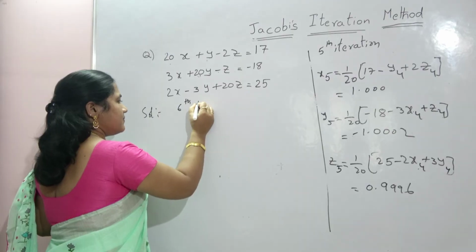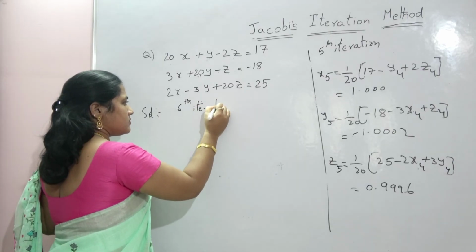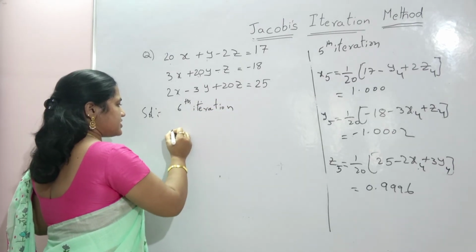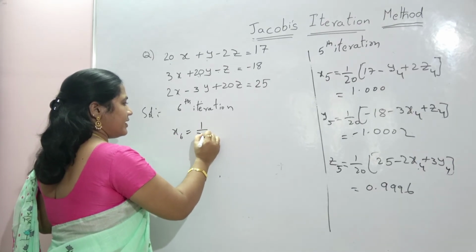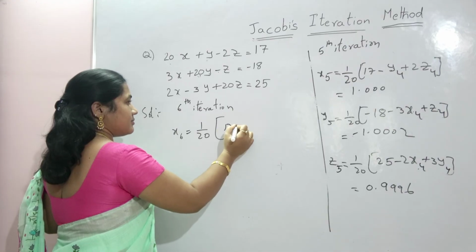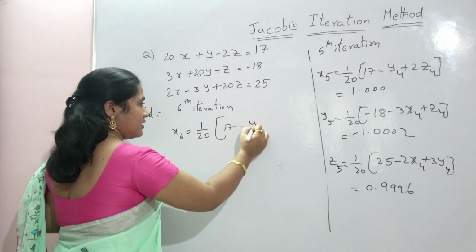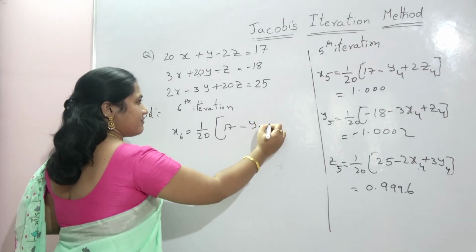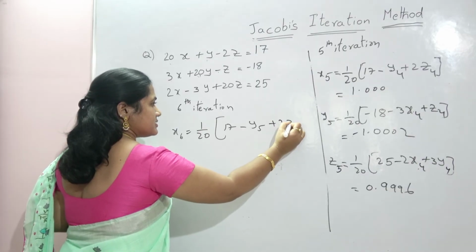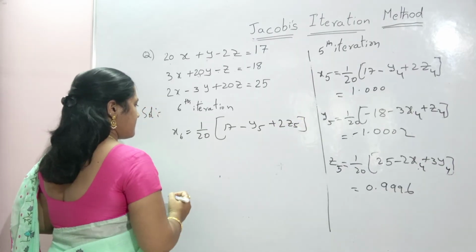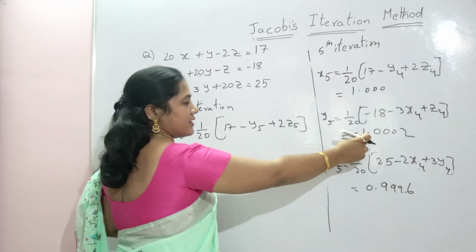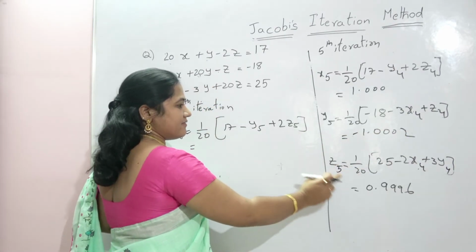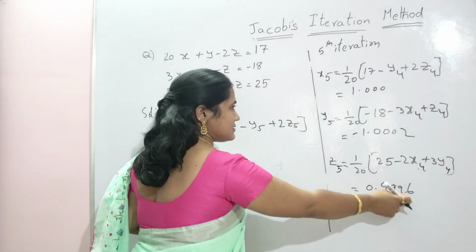Sixth iteration. For sixth iteration, x6 equals 1 by 20. Just I am writing those equations. 17 minus y5 plus 2 z5, and y5 is minus 1.0002 and z5 is 0.9996.